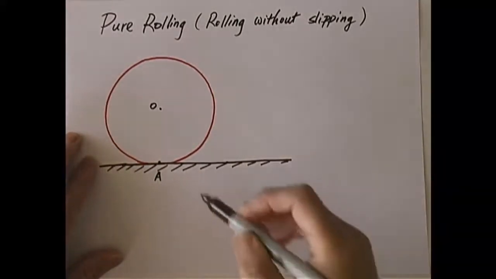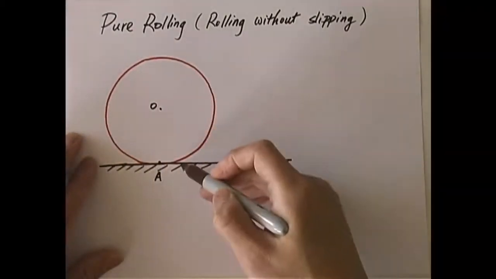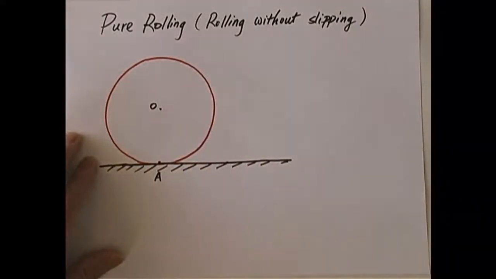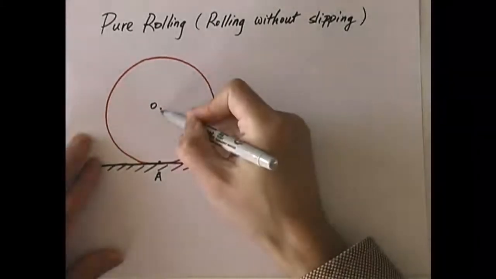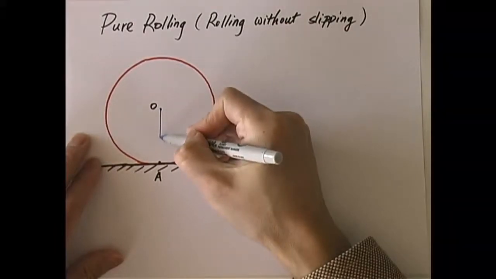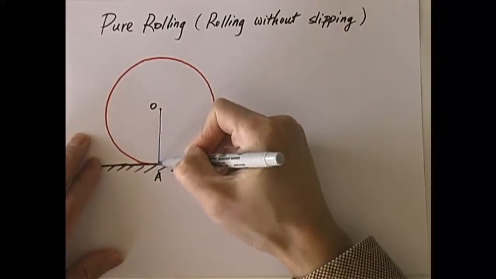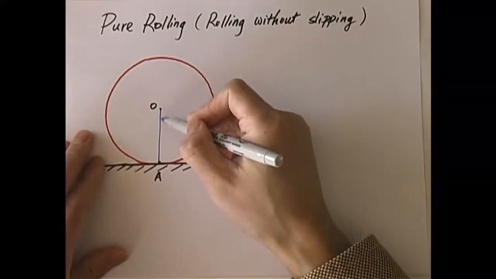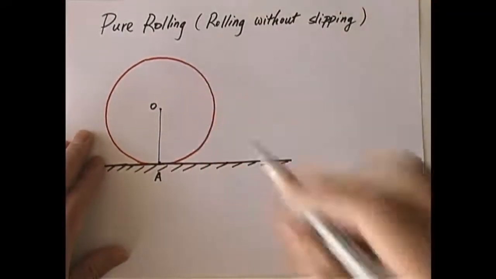Suppose the object of circular cross-section at one moment is at this position, and let me use a certain color to denote a line connecting the center of the object and the contact point with the ground. Let's use a blue line, so that you can see how it moves.